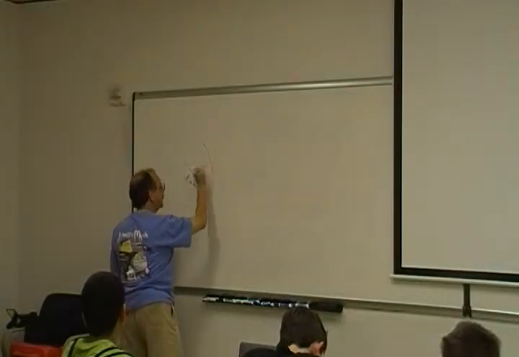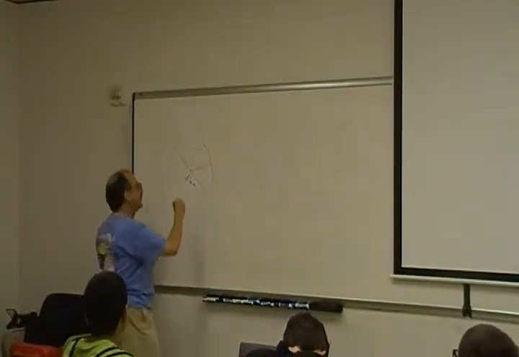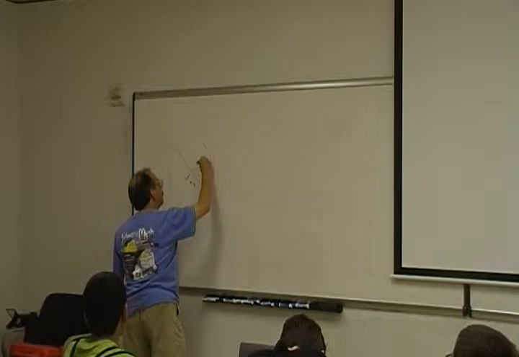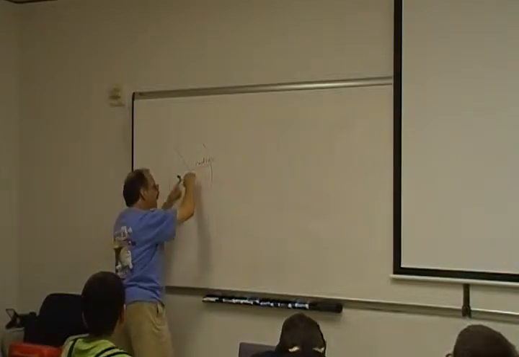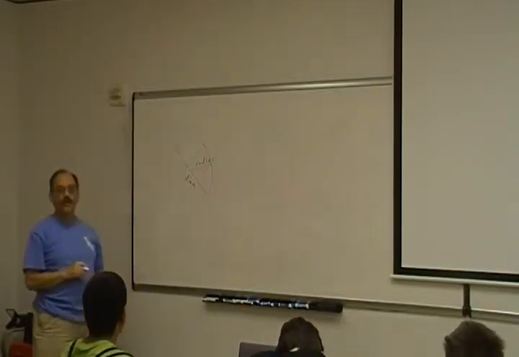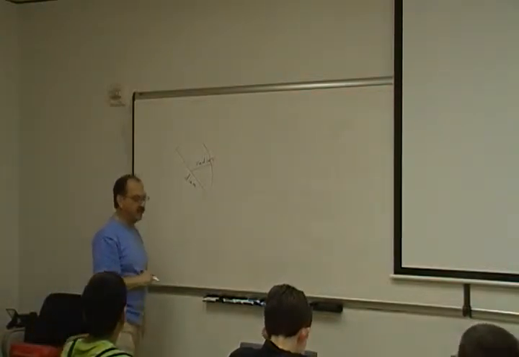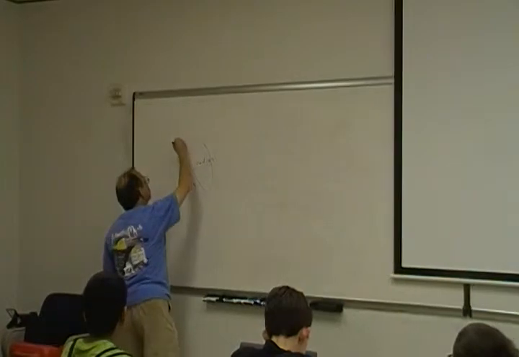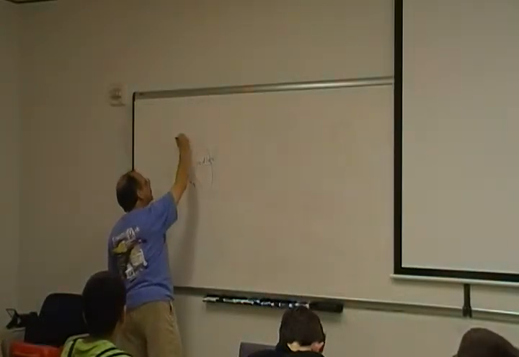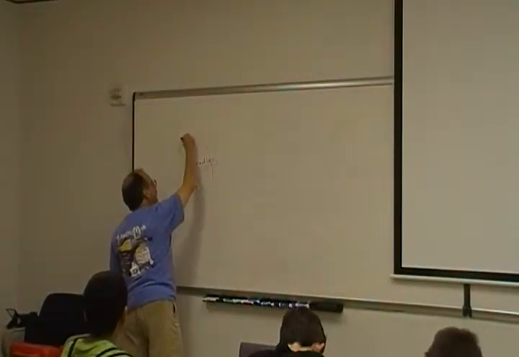What is that line called? Radius. So the line can be called a radius, or the length of the line can be called the radius of the circle. The edge, what is that called? Circumference.